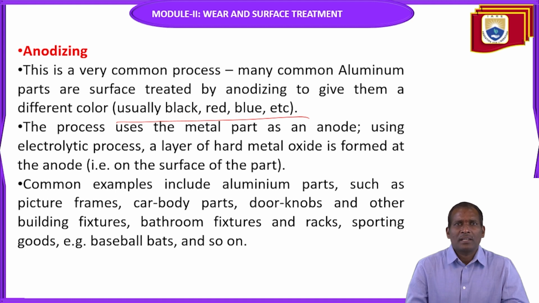Using an electrolytic process, a layer of metal oxide is formed at the anode, that is, on the surface of the part.